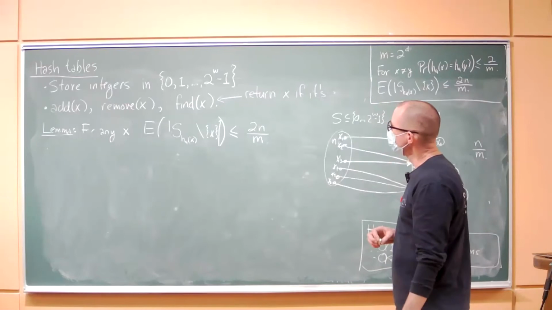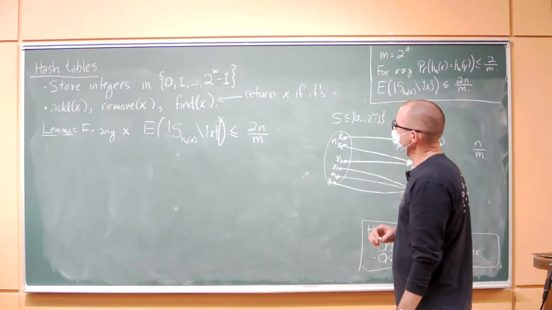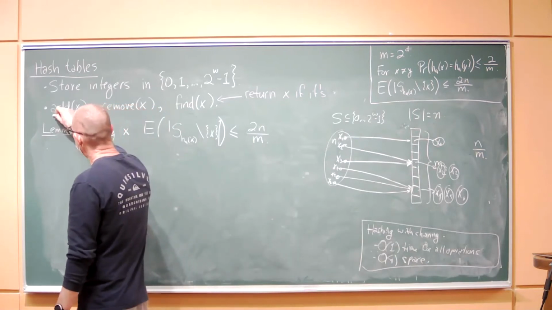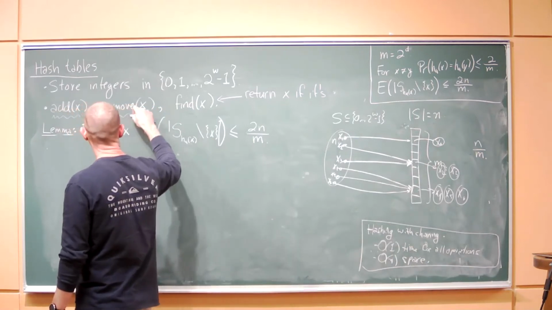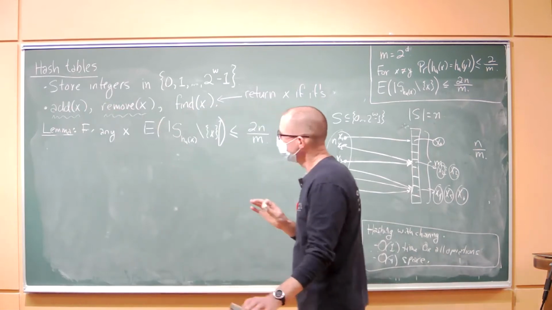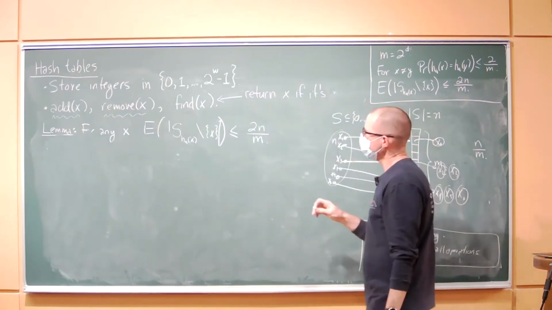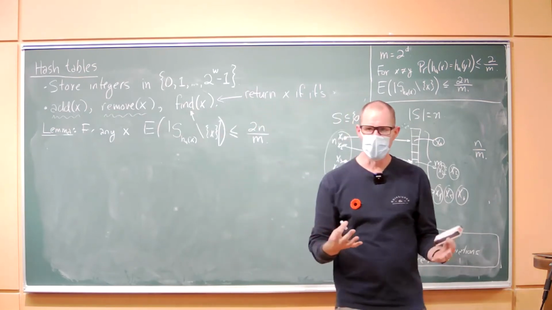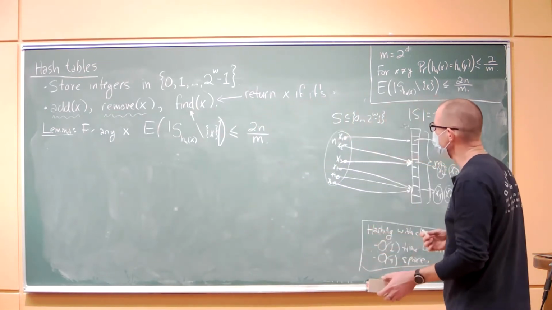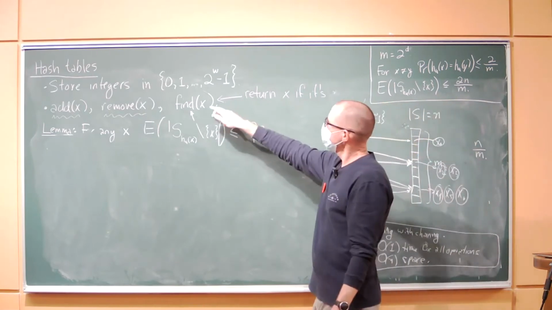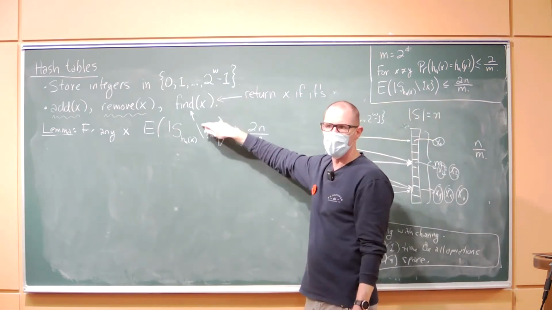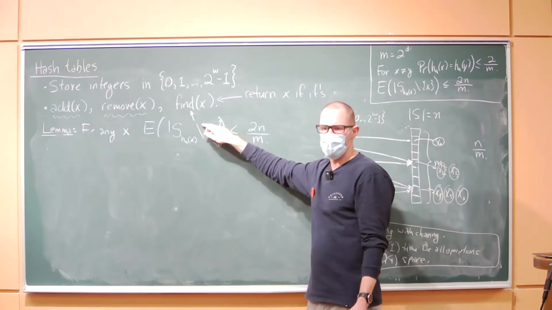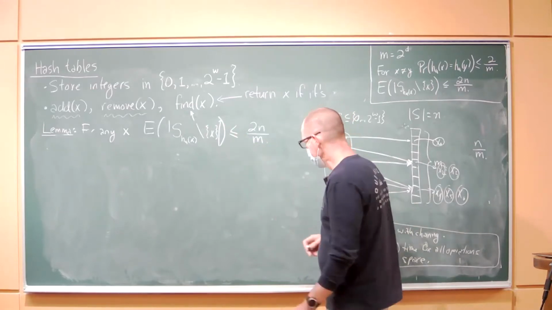What if we want to do better? Let's say I'm willing to give up add and remove for now and just focus on being able to store some fixed set, without changing it, so that I can do this in constant worst-case time, so that no matter what I search for, I never have to spend more than a constant amount of time.